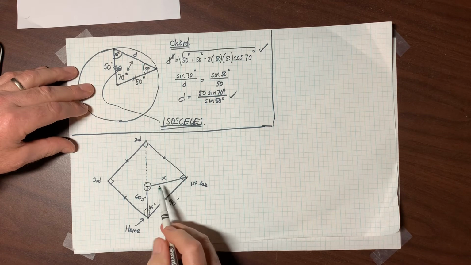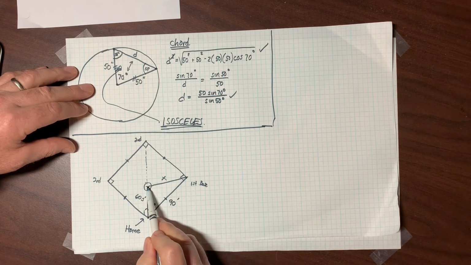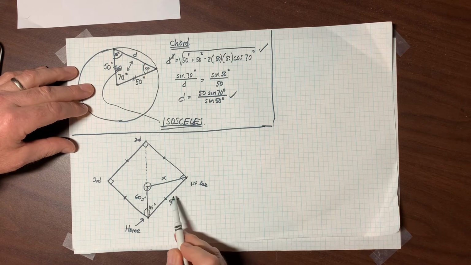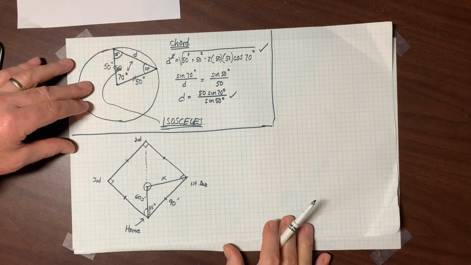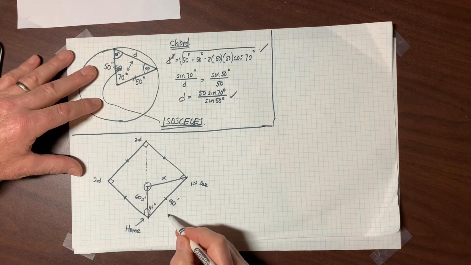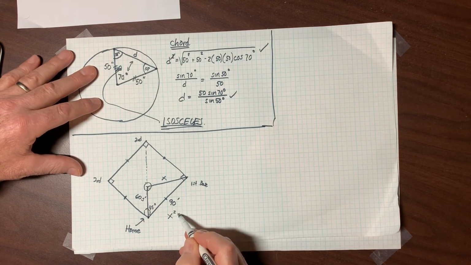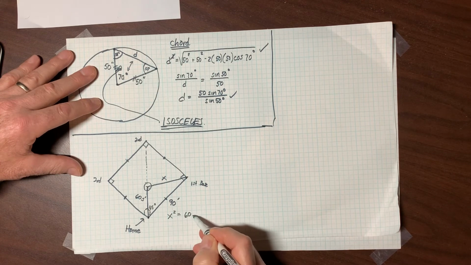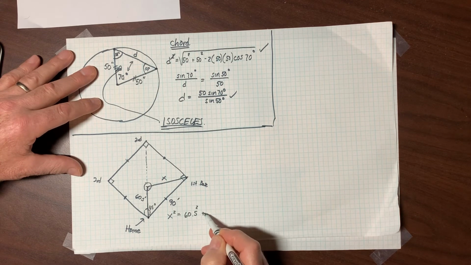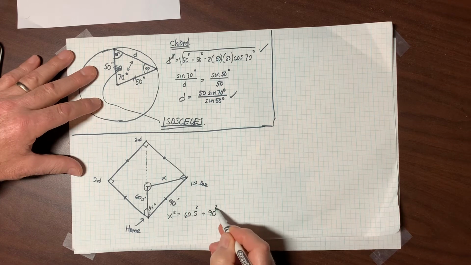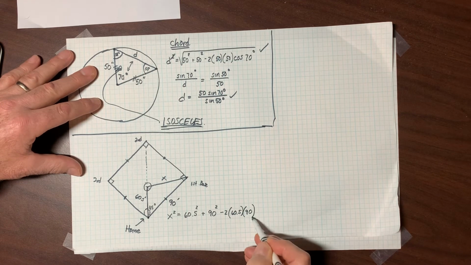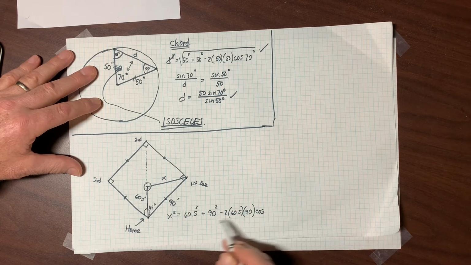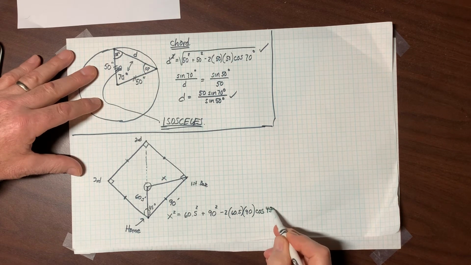So to find the distance here from pitcher's mound to first base, you're simply going to look at this triangle and make a law of cosines equation. I would say x squared is equal to 60.5 squared plus 90 squared minus 2 times 60.5 times 90 times the cosine of 45 degrees.